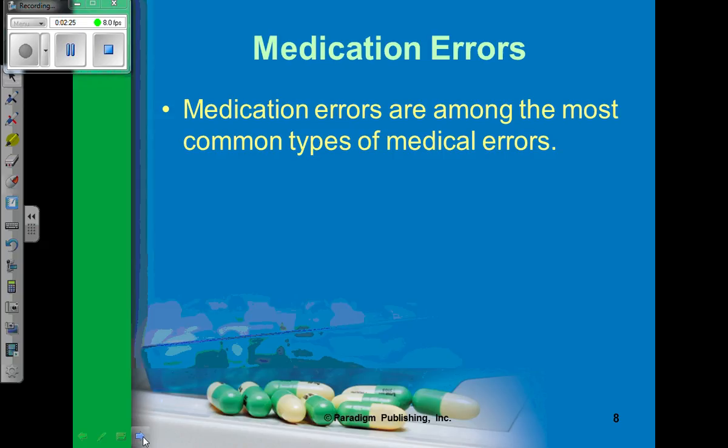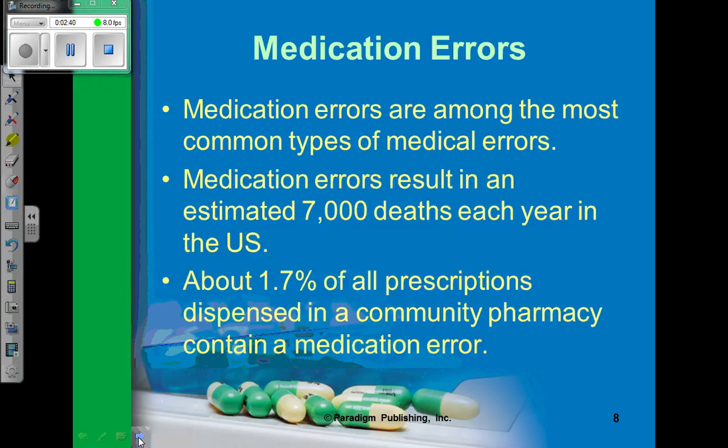So medication errors. Medication errors are among the most common types of medical errors. Medication errors result in an estimated 7,000 deaths each year in the United States. So these are just medication errors. About 1.7%, which is about 4 out of 250 prescriptions.